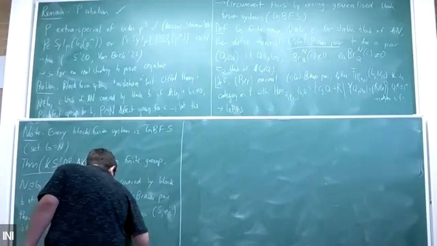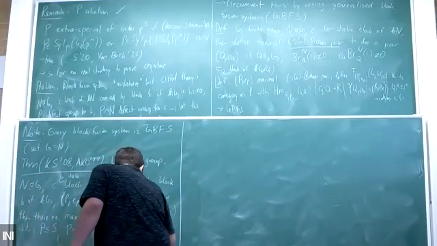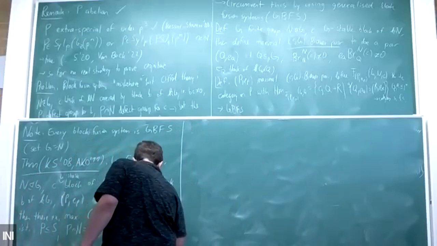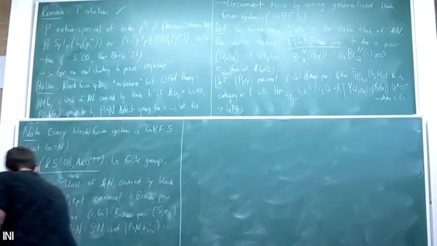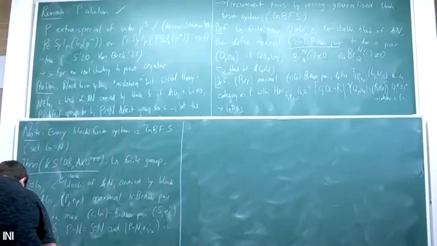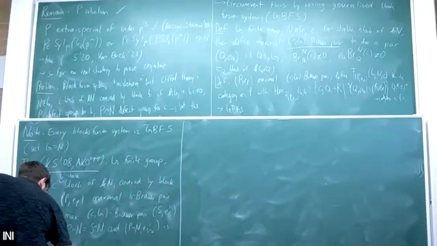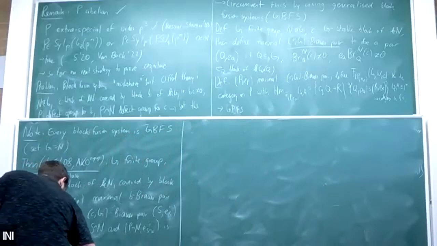And (P intersected N, e_P') is a maximal C Brauer pair here. So P intersected N is a defect group.